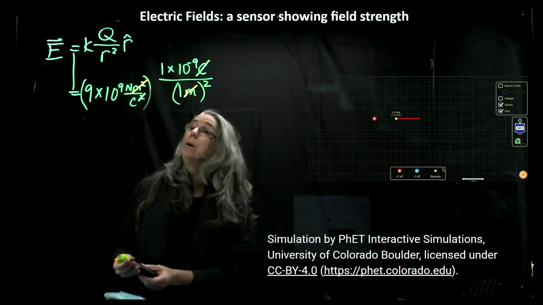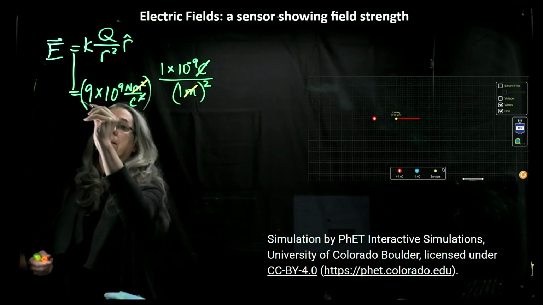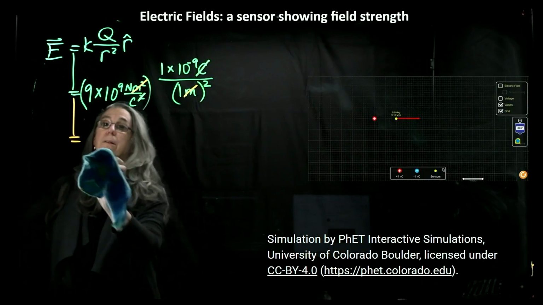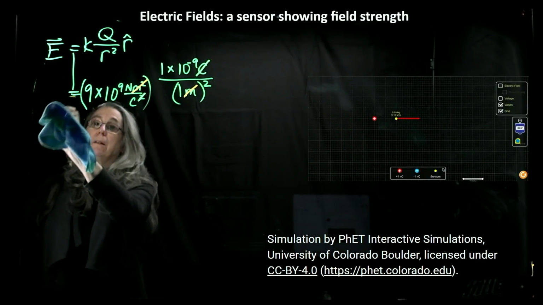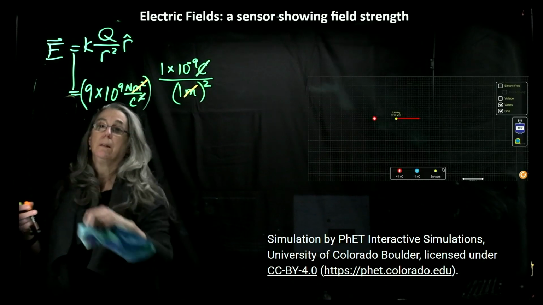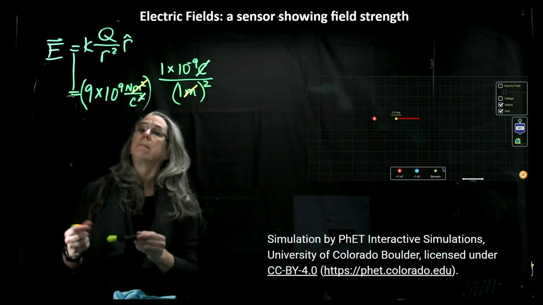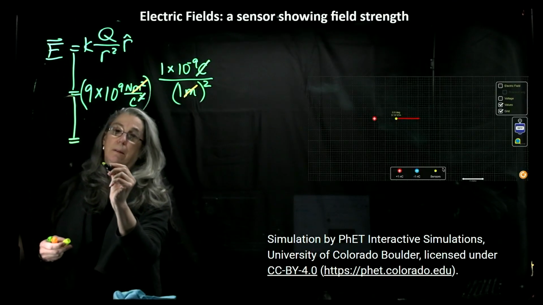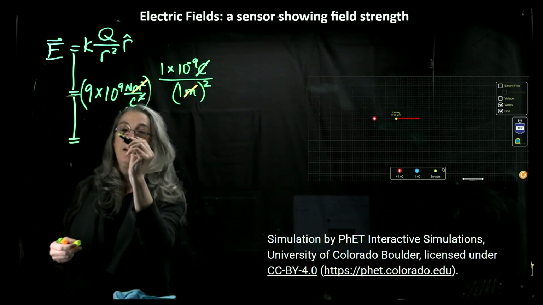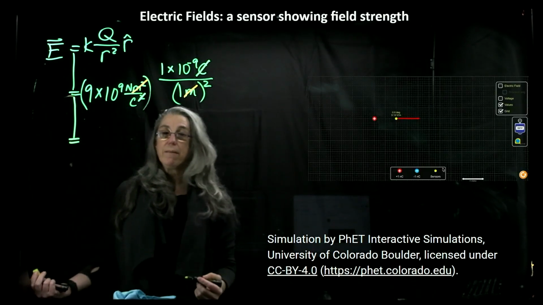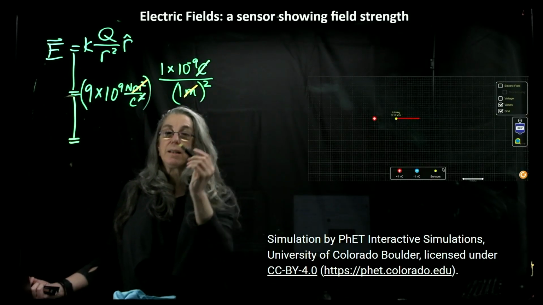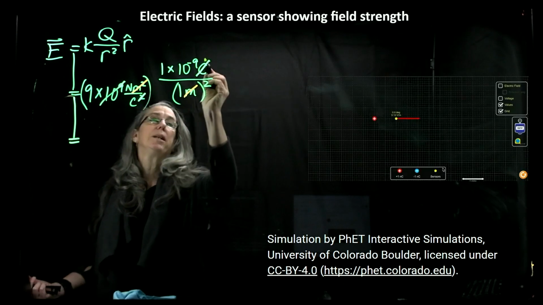So we go back there, and let's see. We have a 9 times 10 to the 9th and a times 10 to the minus 9th, so those will also cancel.